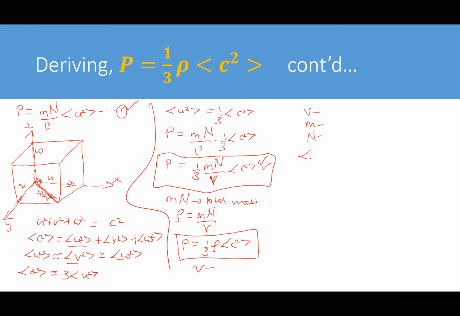And this one here is read as mean square speed. This is the mean square speed of the molecules of the gas, mean or average square speed.